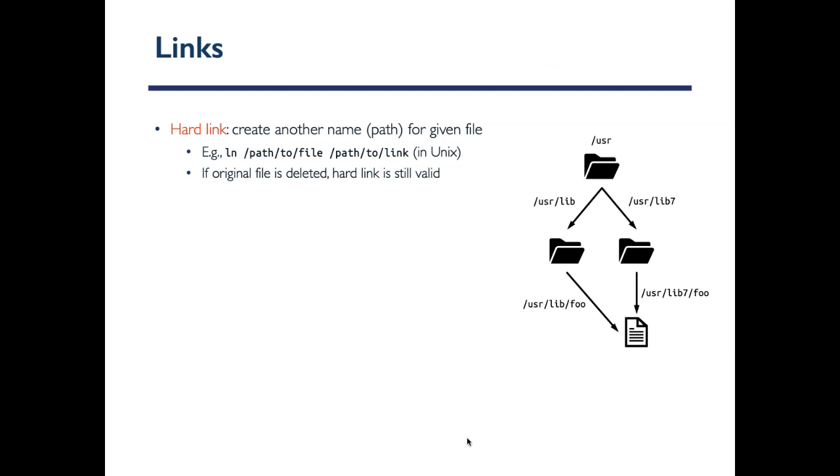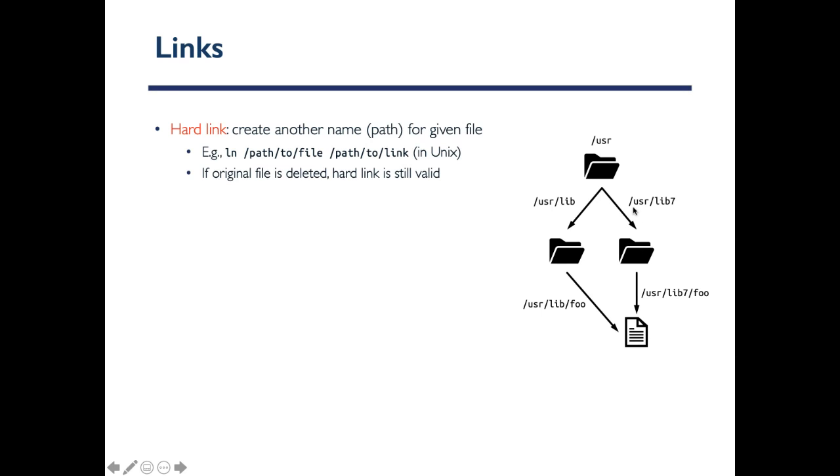The other thing that file systems usually provide is that you can create links to files. And there are two types of links. One is a hard link. The definition of a hard link is basically creating another name or another path for a given file. So let's say you already had this path, this foo file in this directory.